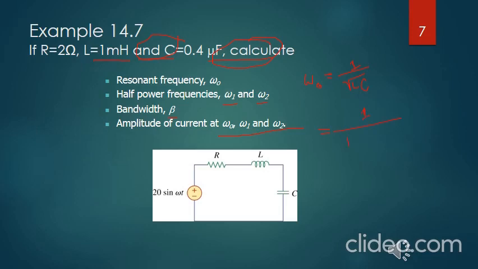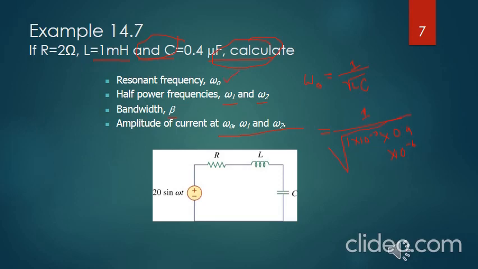So 1 into 10 to the power minus 3 into 0.4 into 10 to the power minus 6, root over this value. You can find out the resonant frequency.